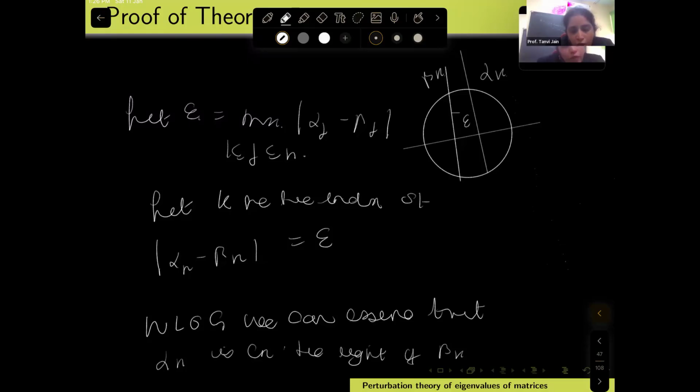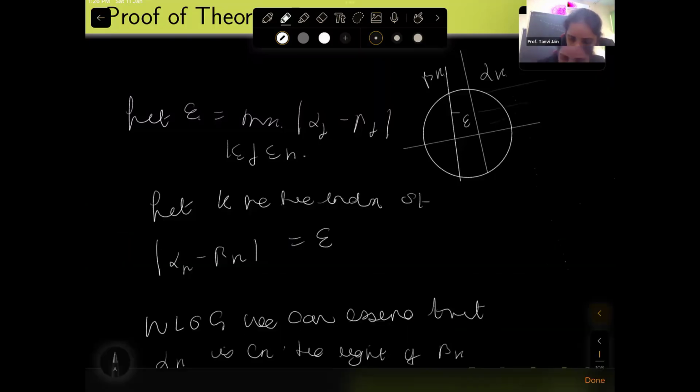Now we want to apply our proposition 6. Proposition 6 asks for two convex sets. Can you guess what the convex sets will be? On the right of this line, I can have the convex set Ka, and on the left of this line, I can have Kb.